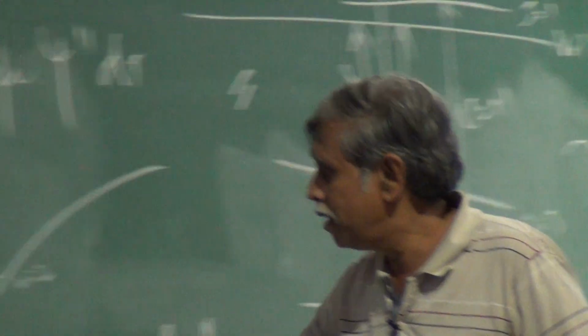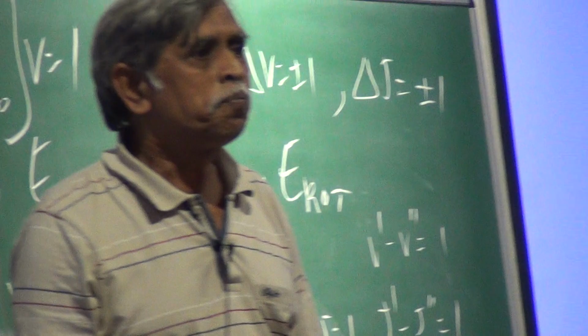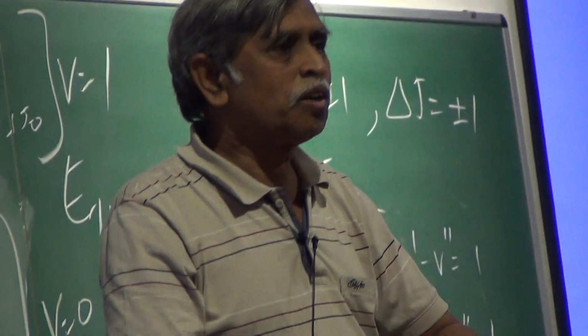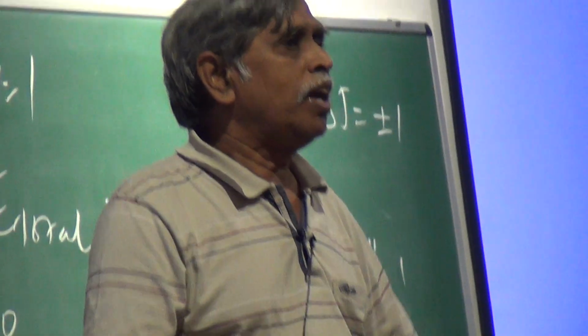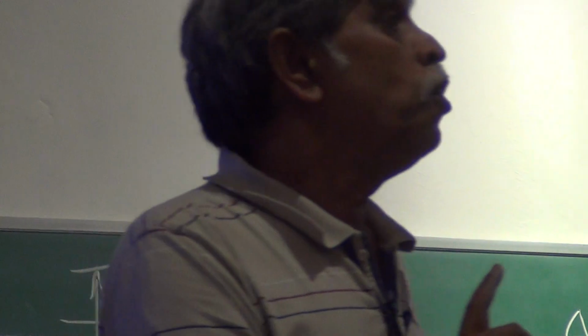The problem is going to be that the value of R, which we assume to be the same, is not going to be the same. So that's another complication. And by the time you're done with all of these, you will have learned enough of vibration rotation spectroscopy. What I'm also trying to do is for you to record the vibration rotation spectrum of HCl in your 211 lab.